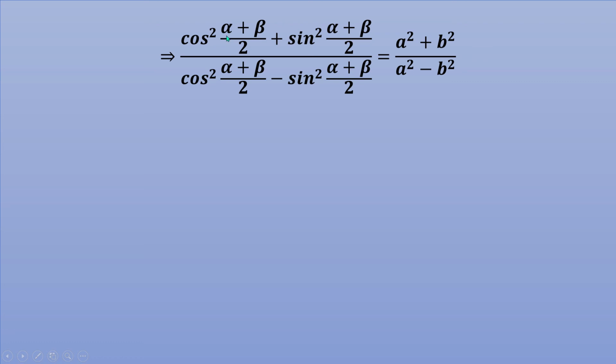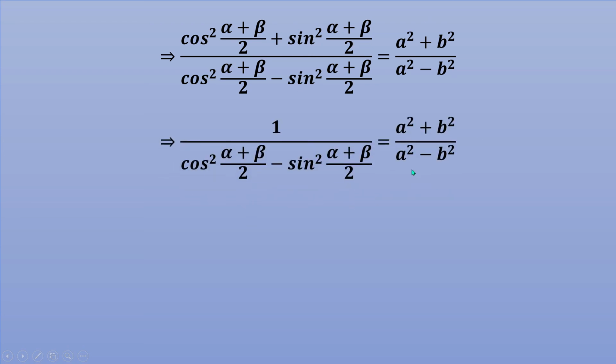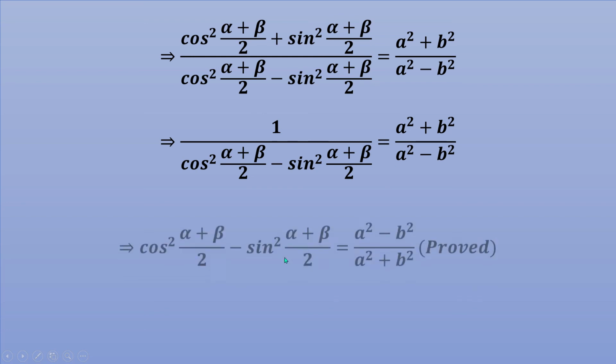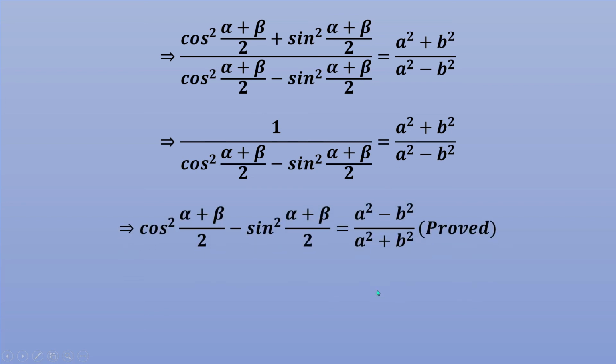But cos square a plus sin square a equals what? 1. We know this formula, so 1 divided by this equals this. Now by invertendo, the denominator will be numerator and the numerator will be denominator. That means this proof is complete.